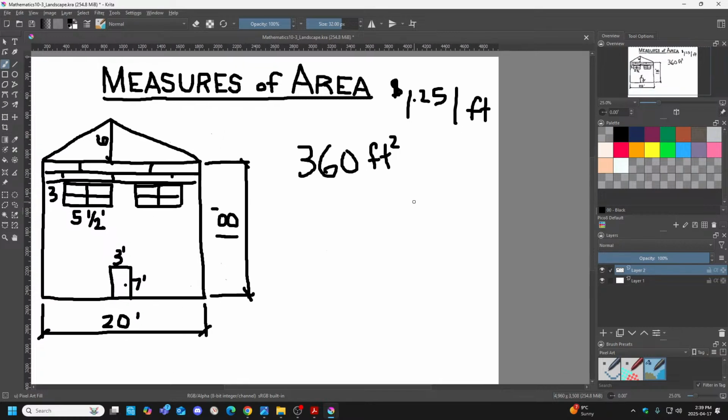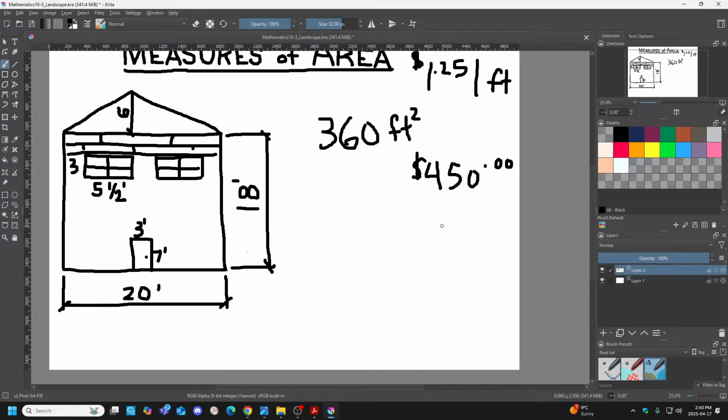Okay, so that would cost, probably undercutting him a lot because of the cost of living nowadays. Okay, so you take the 360, multiply that by 1.25. It's going to cost them $450 to do one side. Okay, that's what he would charge.